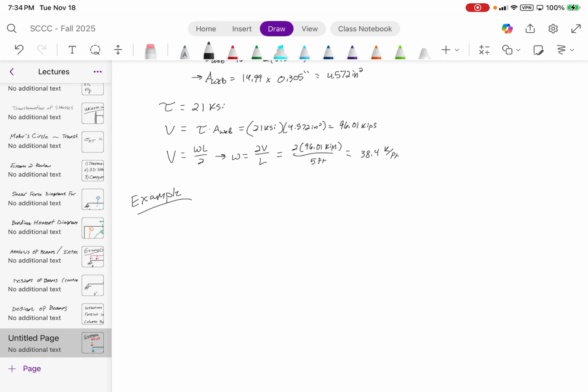Let's do another example. What do you guys want to do next? Can you do one of the examples with the two materials where you transform them? Yep. Composite.